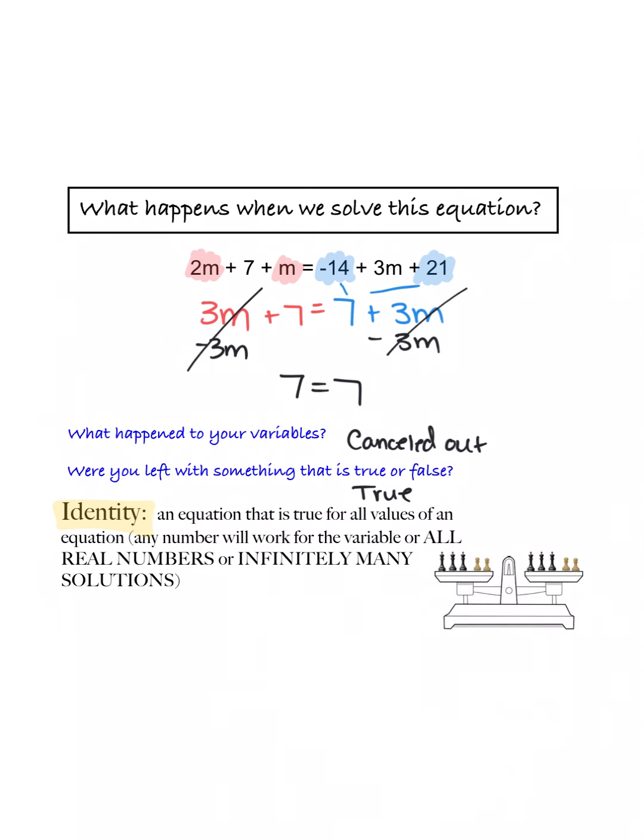So if we are left with something like this, where there's no variables left, and it's a true statement, our answer, we are going to say, is all solutions. So your answer will be all solutions, or you could say infinitely many solutions as well.